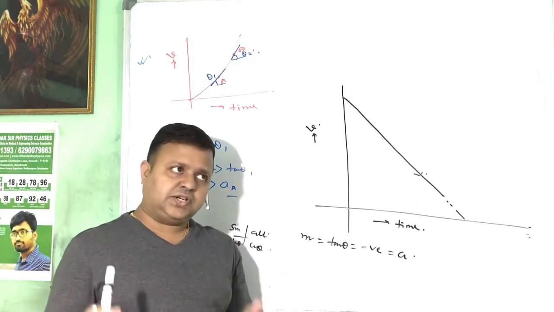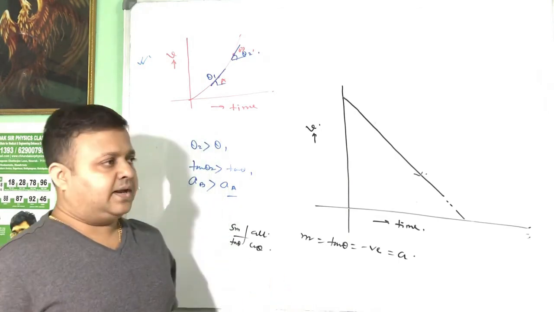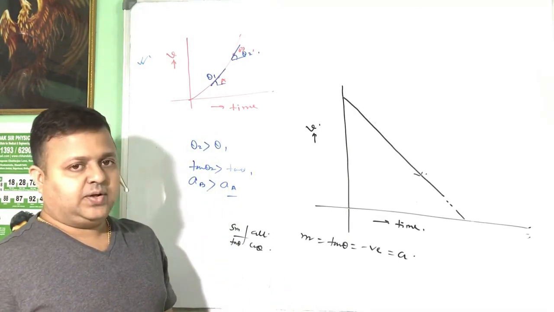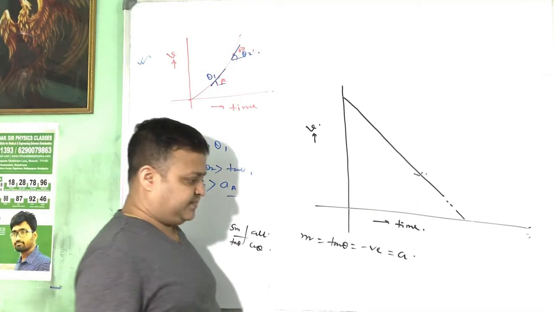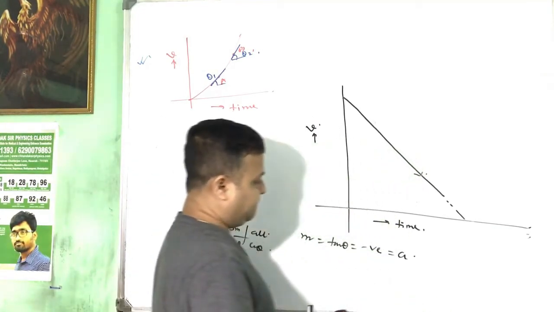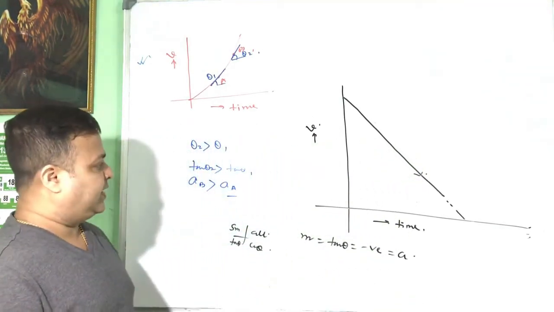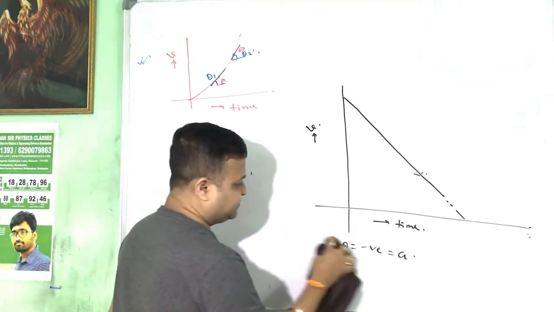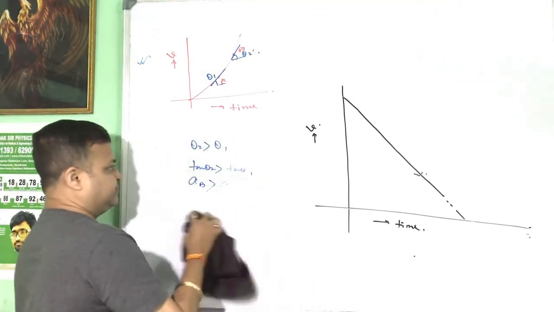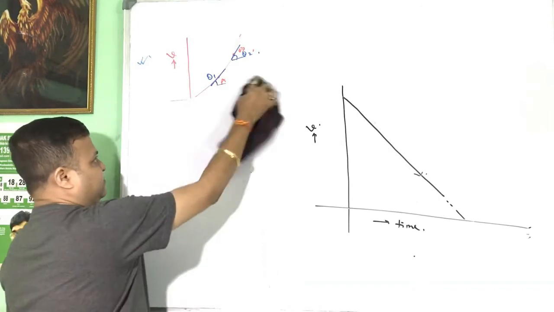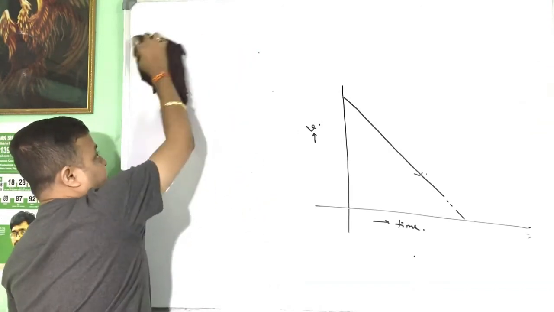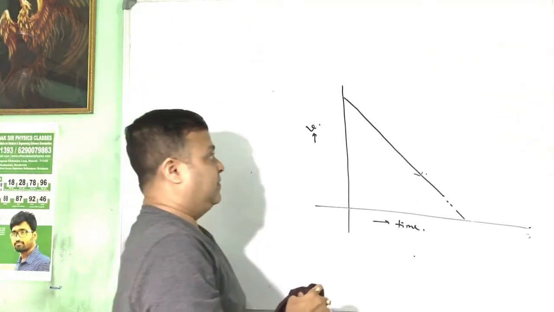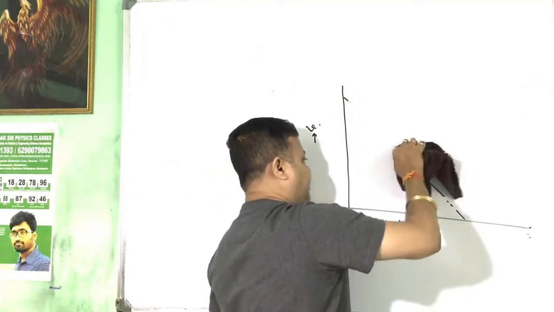Next, the velocity-time curve when the body is moving with a non-uniform retardation.